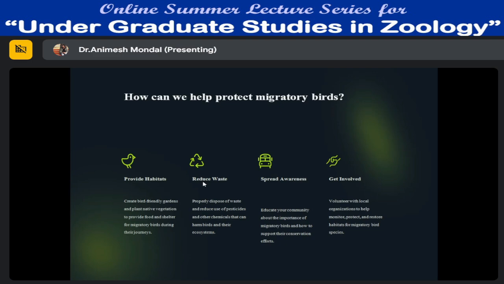And these Ramsar sites are generally wetlands with significant advantages. So we should give emphasis to protecting these wetlands so that we can ensure the survival of our migratory bird species.